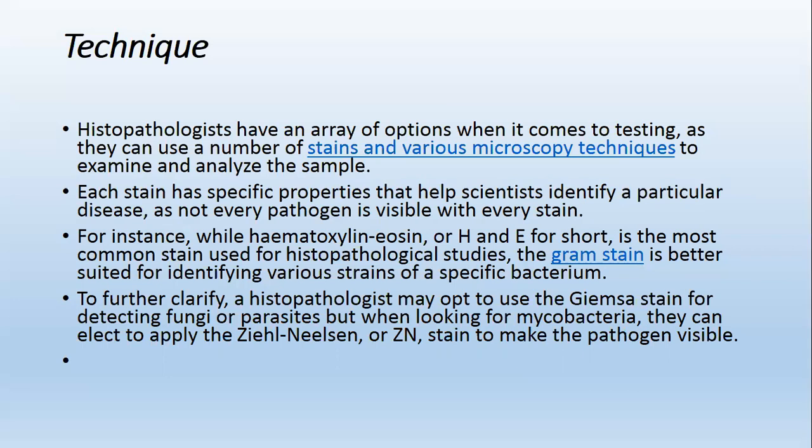For instance, while hematoxylin eosin or H&E for short is the most common stain used for histopathological slides, the Gram stain is better suited for identifying various strains of the specific bacterium.